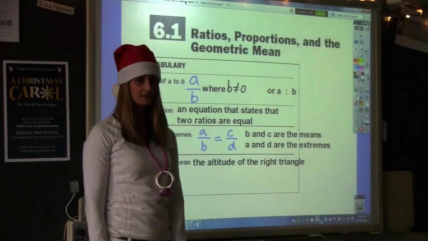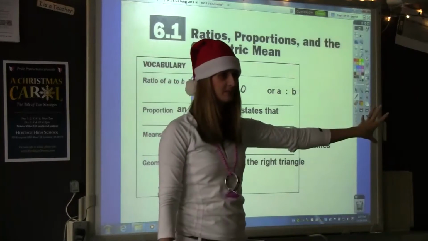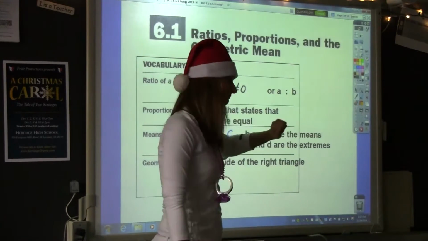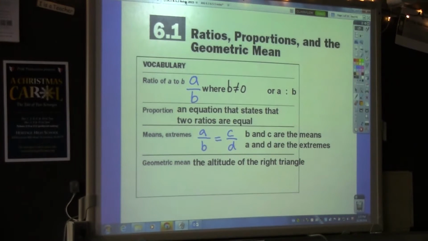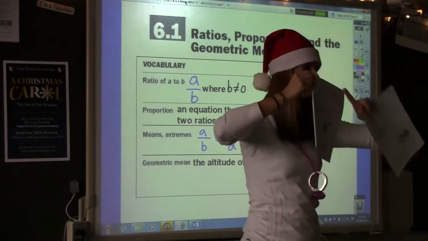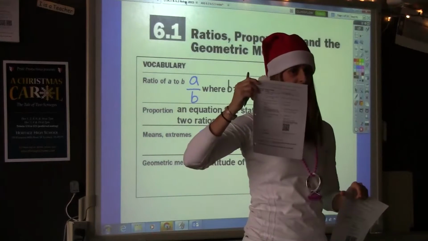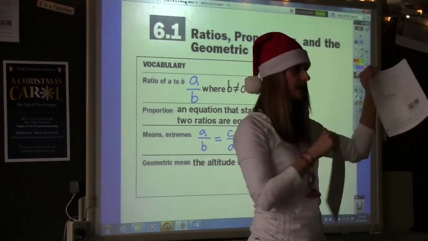So today we are going to be starting chapter 6. Okay, does everybody have all the sheets up here? Okay, so I'm going to go off the screen for a bit. This packet I copied a couple weeks ago, and the homework calendar needed to be updated. So I made a new homework calendar and I wrote updated at the top.